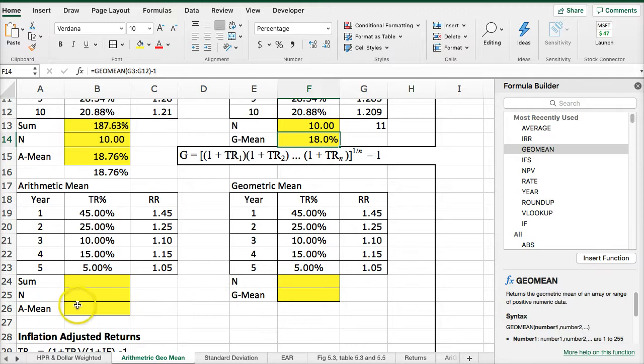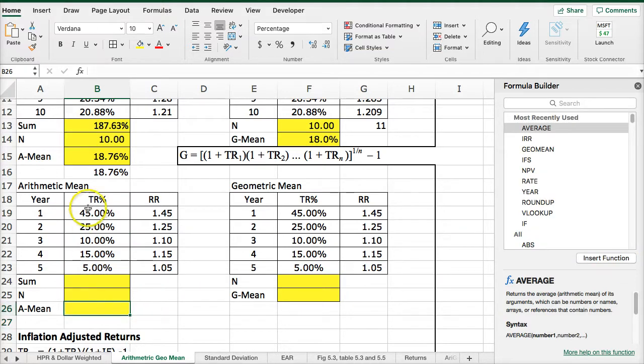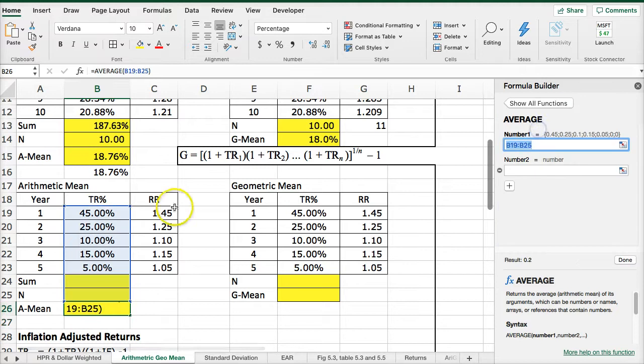Okay, so here I suggest using the average formula and just highlighting the cells to calculate the average. Well, let's try that again. Okay, so it gives us the average.